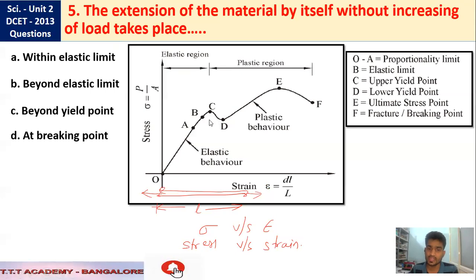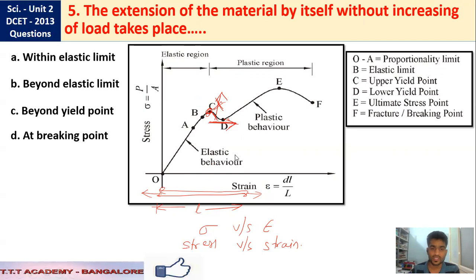That means it is increasing its dimension. Just observe here, dear students, from point C it is not increasing its stress, but it is increasing the strain. The stress is decreasing, but the strain is increasing.